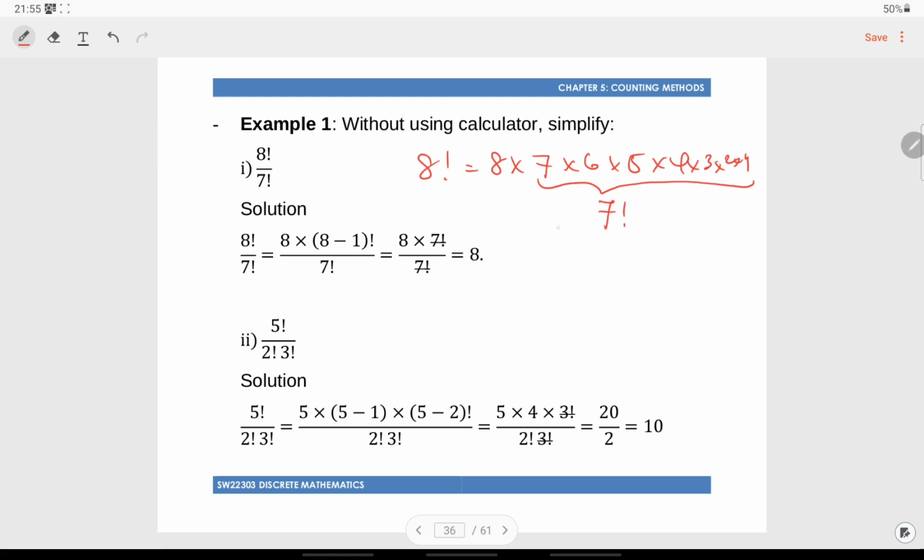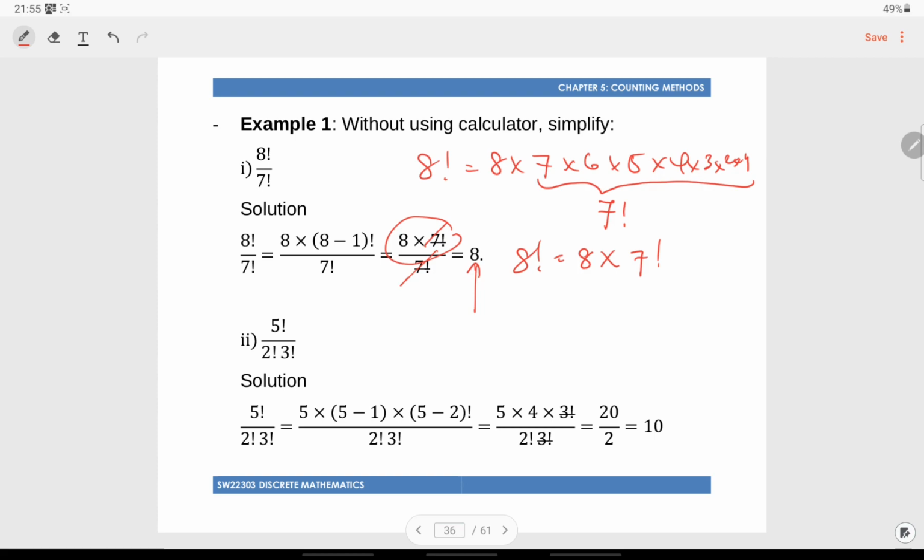So 8 factorial equals 8 times 7 factorial. At the denominator we also have 7 factorial, so we can cancel out. The answer is the remaining value, 8 times 1, equal to 8.